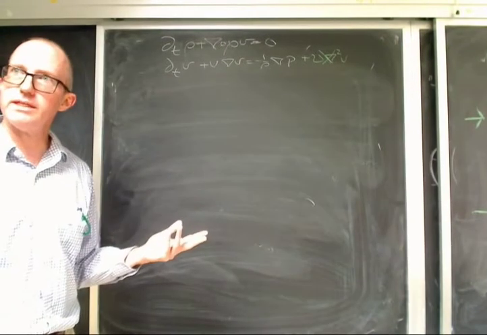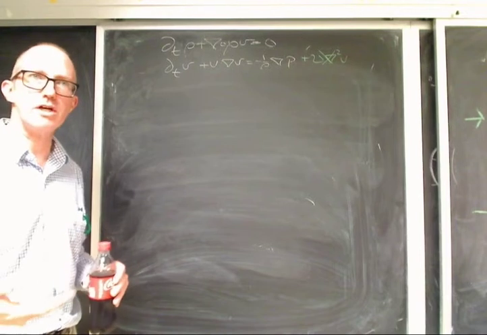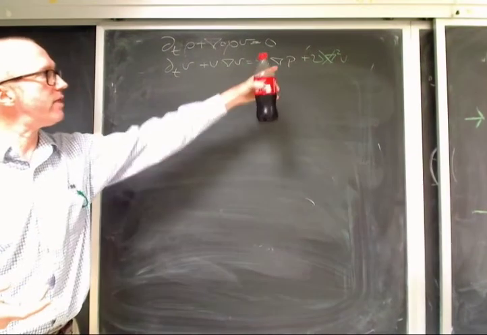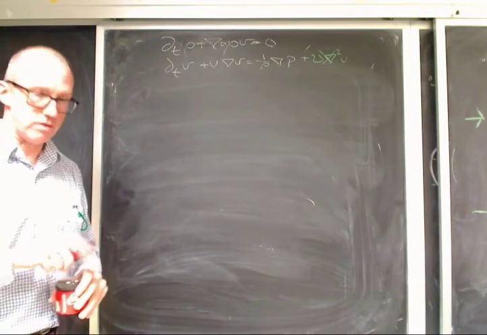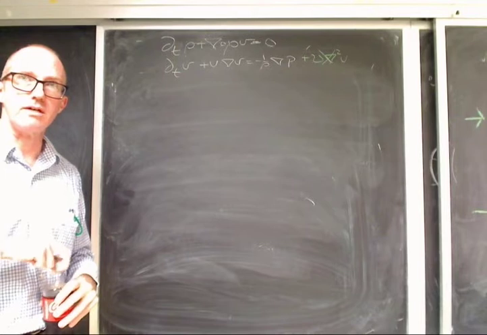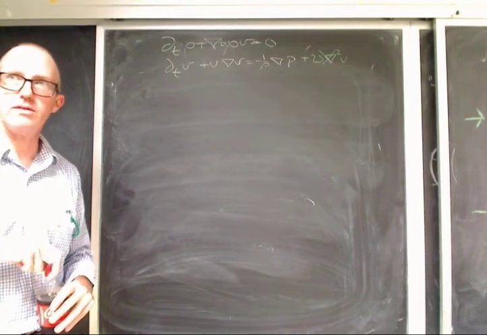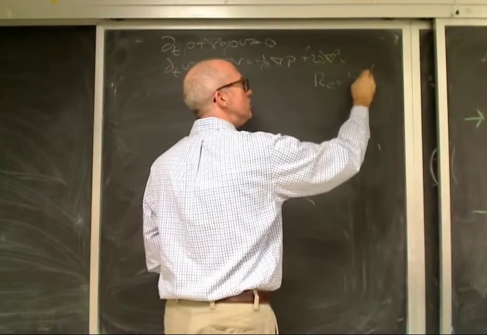How do we know we get to ignore that term? What's the one quantity that determines how important that term is relative to this term? The viscosity, but there's another number that links both terms, and that's the Reynolds number. The Reynolds number is LV over nu.